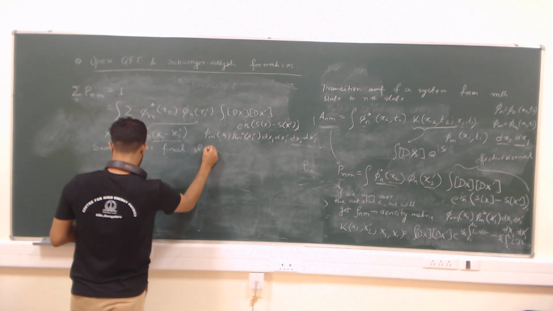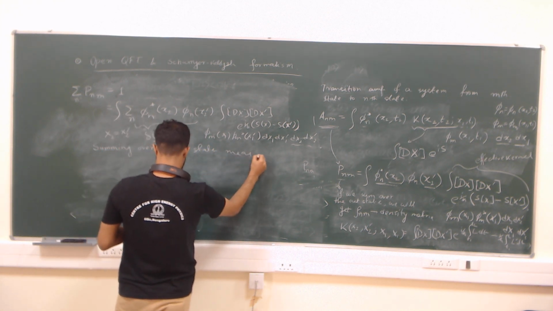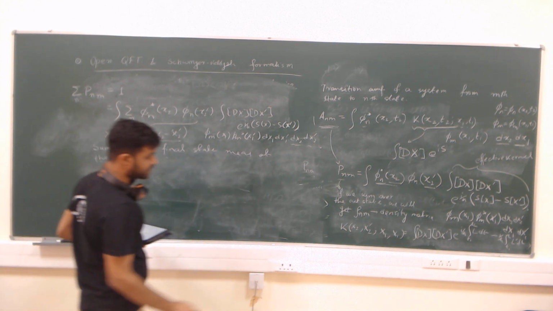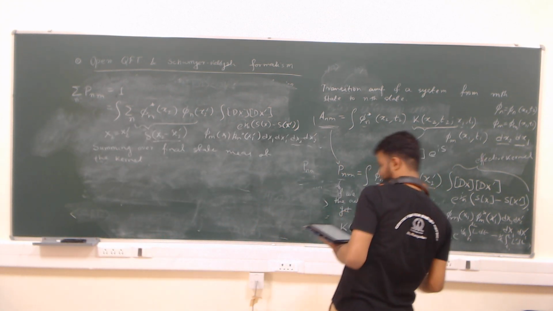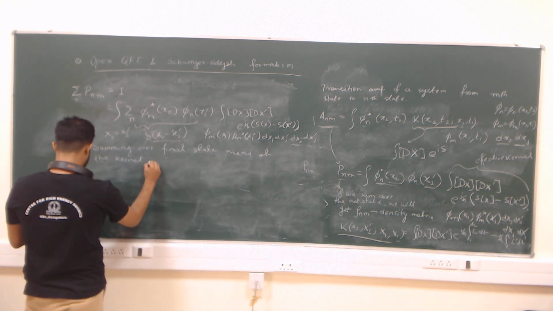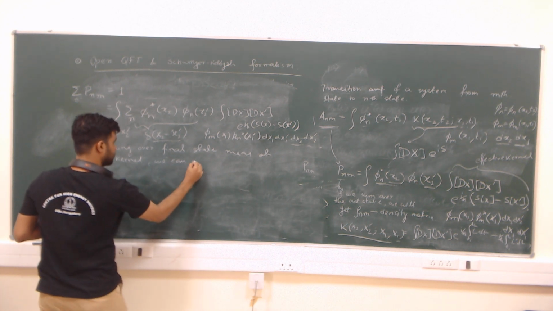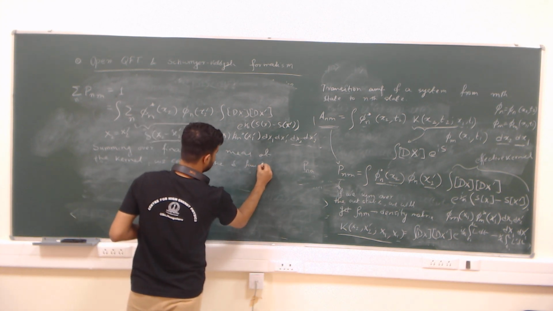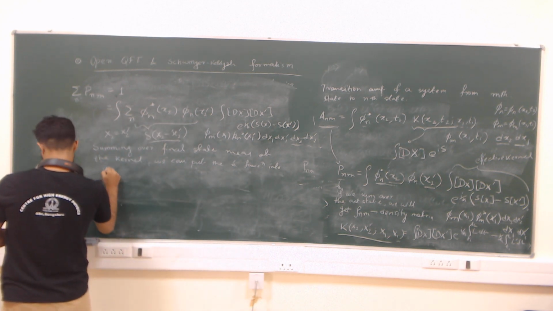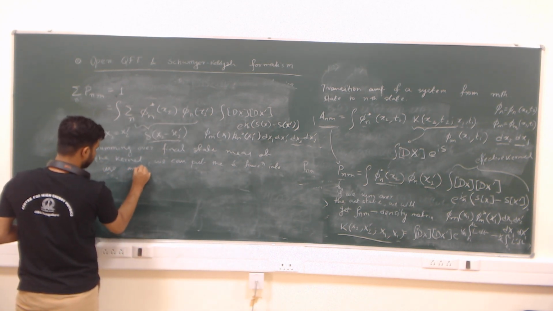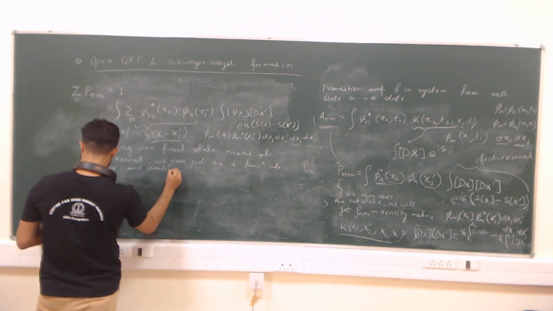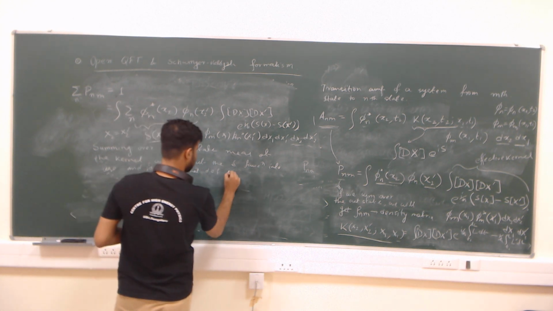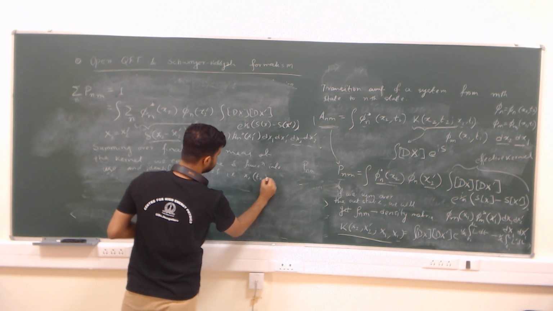Summing over the final state means that at the kernel that we find here, x2, x2 prime, x1 prime, x1, you can put this delta function into use and specify the final degrees of freedom, that is x2 at t2.